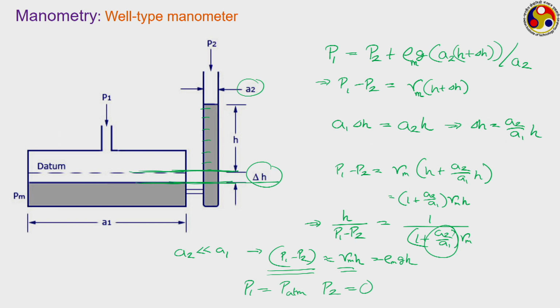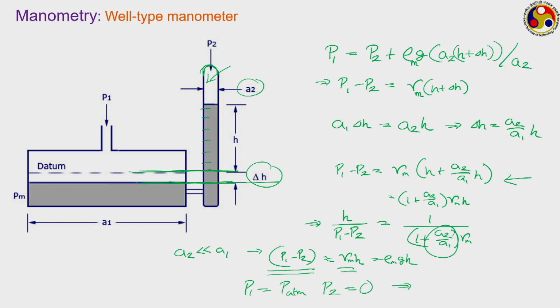But now think about the situation where your P1 is equal to the atmospheric pressure and P2 is equal to 0. How can we have P2 equal to 0? Let us just close the top of this cylinder, and the area on top of the liquid column, let us evacuate this using a vacuum pump. Then what will be your relation?